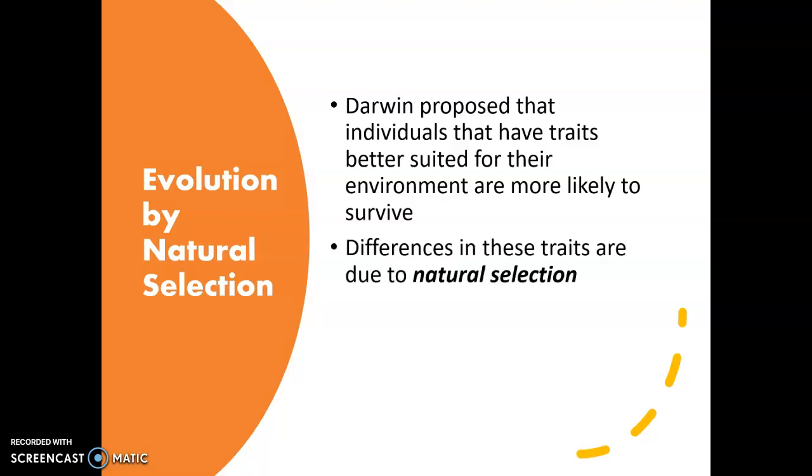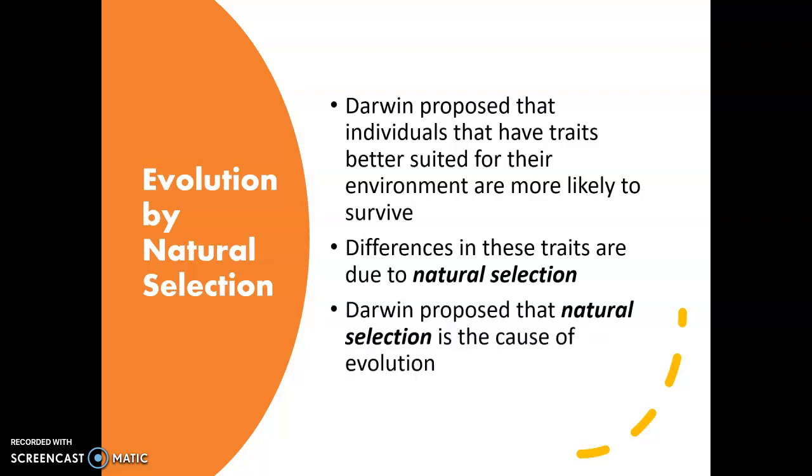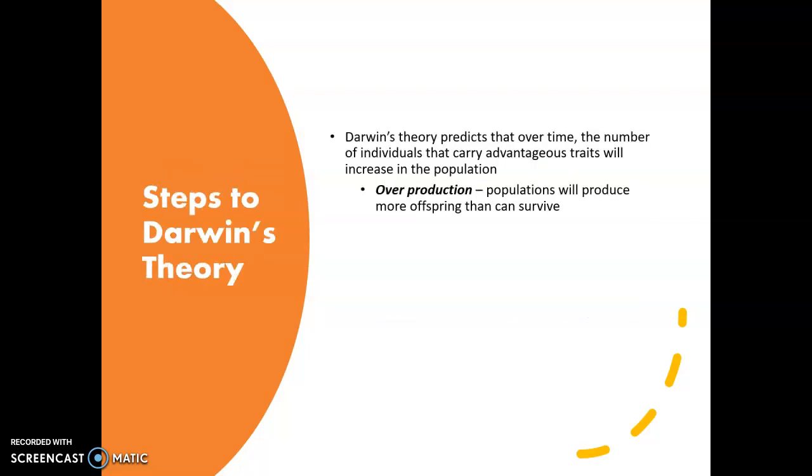So differences in these traits are due to natural selection. Darwin proposed that natural selection is the cause of evolution. Darwin's theory predicts that over time, a number of individuals will carry traits that give them an advantage, and then these traits are going to increase in the population.